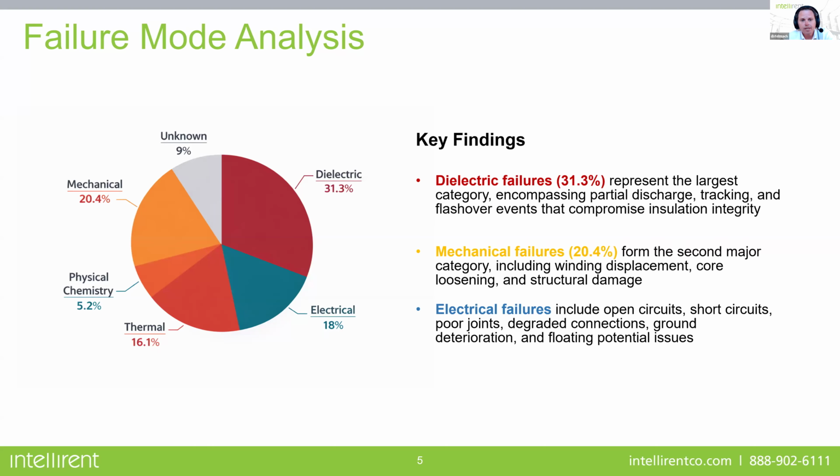Mechanical failures are the second major one. So movements. Whenever a fault happens, like a through fault in a transformer, the forces that occur inside the transformer push the windings apart. It's really amazing, and that's where you see a lot of these transformer failures happen, or if there's core or structural looseness or damage that occurs.